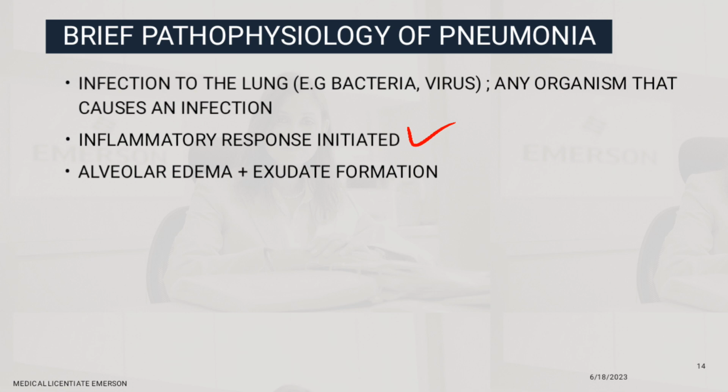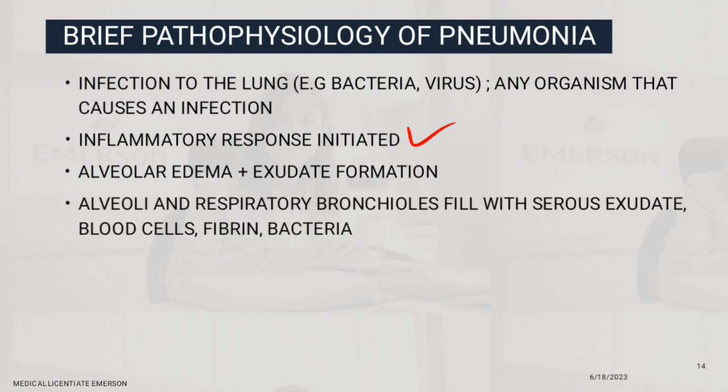The alveolar edema comes about due to increased capillary permeability, with extravasation of fluids. The alveoli and respiratory bronchioles will fill with serous exudate, blood cells, fibrin and bacteria, due to increased extravasation. This will lead to consolidation of lung tissue, which will impair alveolar gaseous exchange and lead to the symptoms we are going to talk about.